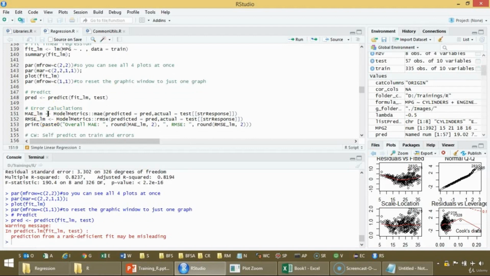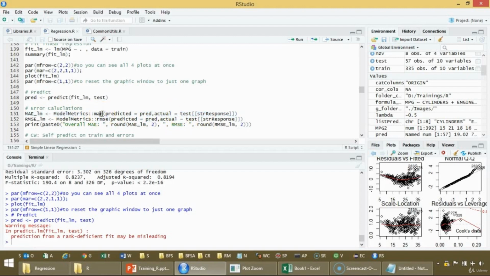One is MAE, which means mean absolute error, and the second is called RMSE, root mean square error. This is the industry standard error for regression, and there are already a lot of formulas and multiple library implementations. So we are using the model matrix library to calculate. It is taking the predicted and the actual.